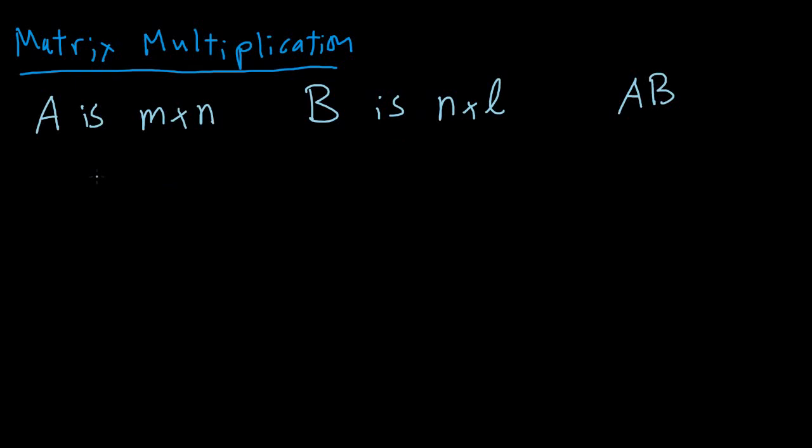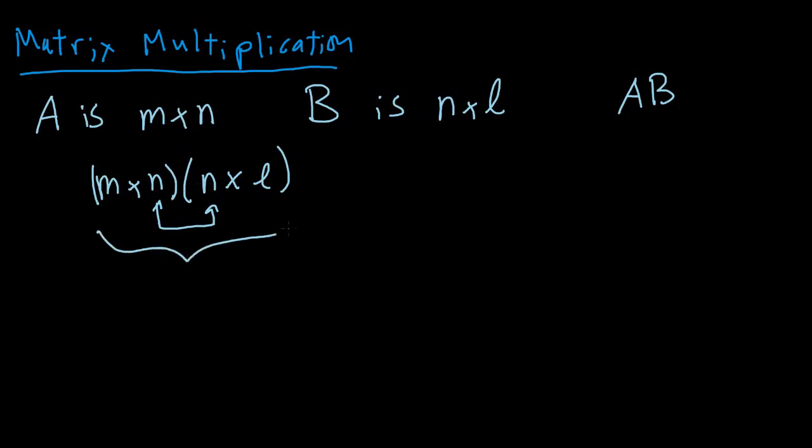So the way you should think about this, or one way you can think about this, is that when you have an m by n matrix and you multiply it by an n by L matrix, you kind of contract the two ends, right? So you contract the number of columns of A with the number of rows of B. And the overall result is an m by L matrix. So AB is an m by L matrix. And the rule for calculating AB is as follows.